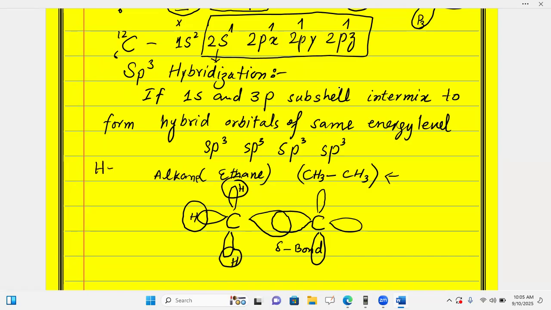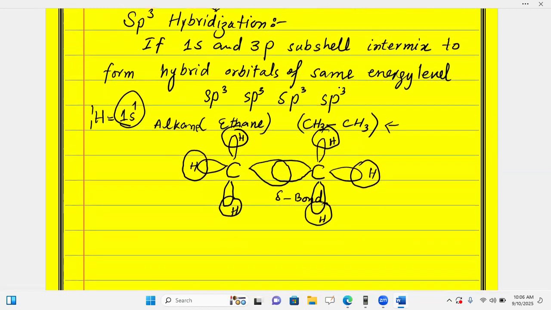Hydrogen is only 1s1, and s has a spherical shape, so I tried to draw circles for hydrogen. Hydrogen is present here, here, and here also.